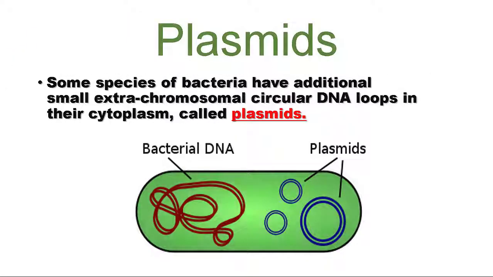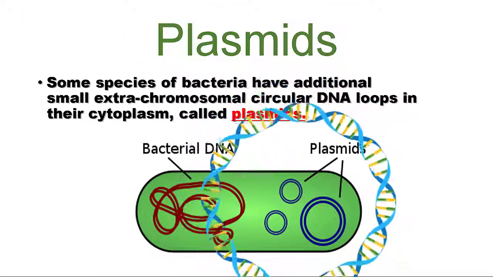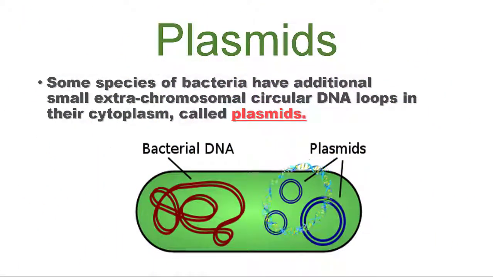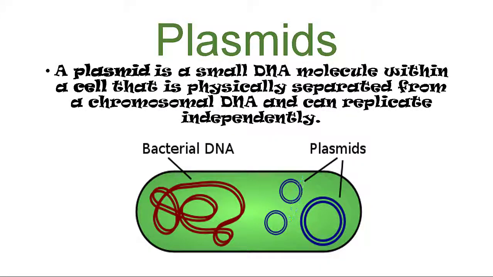Some species of bacteria have additional small extrachromosomal circular DNA loops in their cytoplasm, called plasmids. A plasmid is a small DNA molecule within a cell that is physically separated from a chromosomal DNA molecule and can be replicated independently.